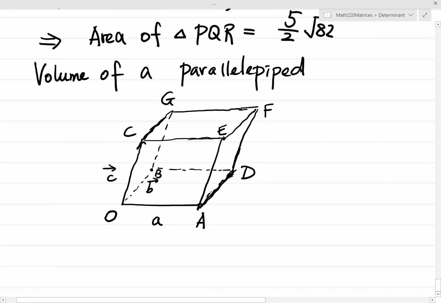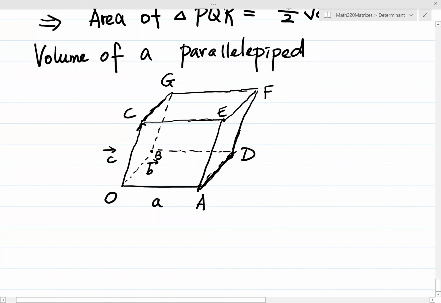Now the parallelepiped is of regular shape, so we can use base times height.